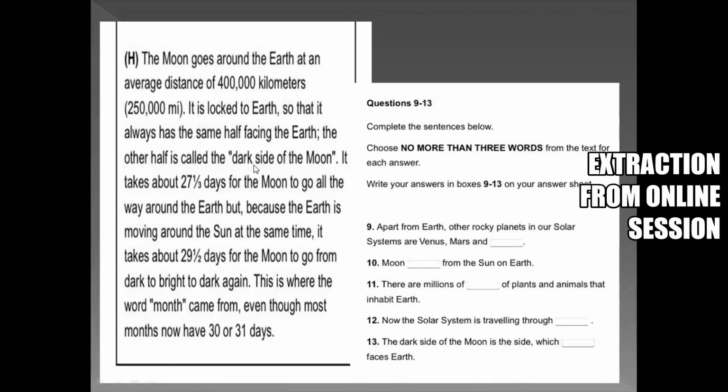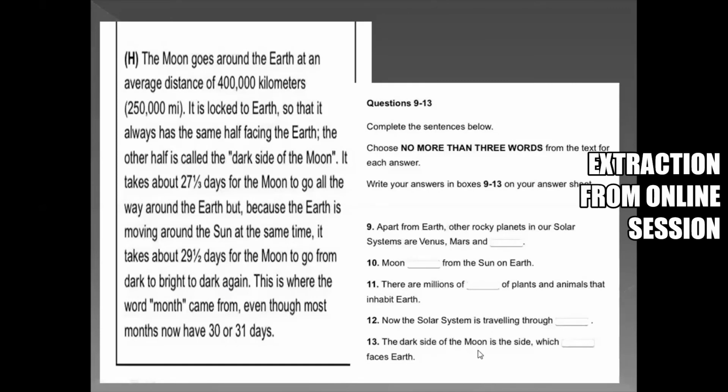The dark side of the moon. Okay, now this sentence: it is locked towards the earth so that it always has the same half facing the earth. The other half is called the dark side of the moon. It takes about this, but the earth is moving around the sun at the same time. So where is the moon? Okay, fine.